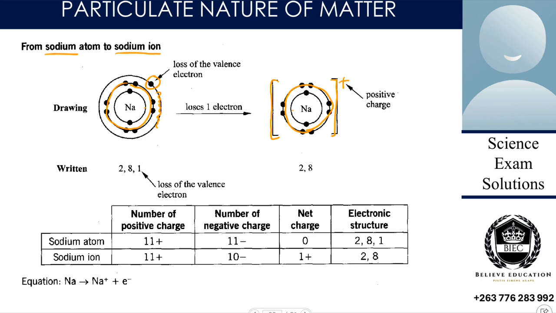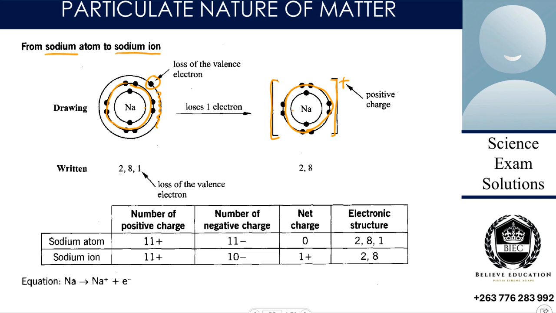Then we would want to analyze certain things, because last time we looked at electronic configuration, which was the arrangement of electrons within the shell itself, within the atoms, and so which means kuti we can have an electronic configuration of both the atom and the ion. Are we together?